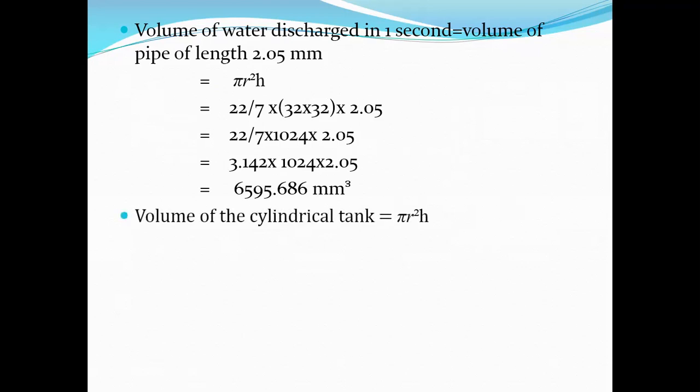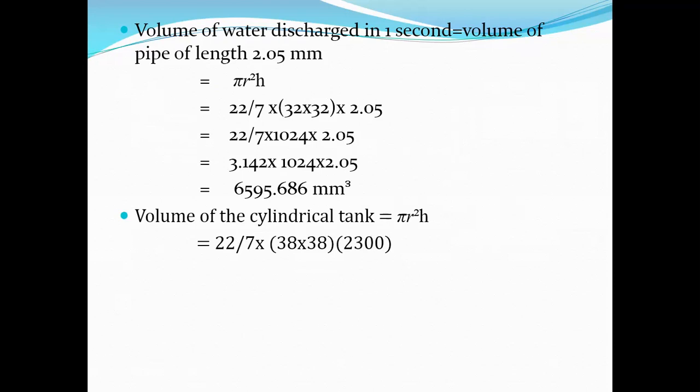And the volume of the cylindrical tank will be what? Pi r square h. Now this time, putting the values, we have to put the value of the radius of the cylindrical tank, that is 38.